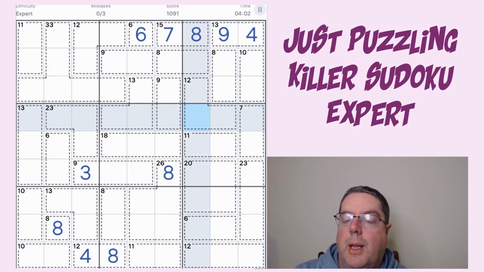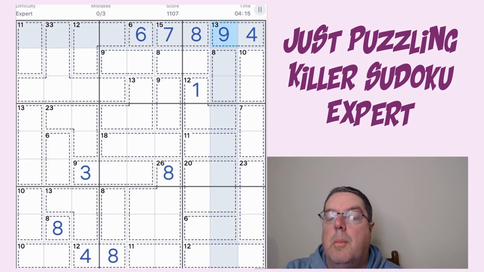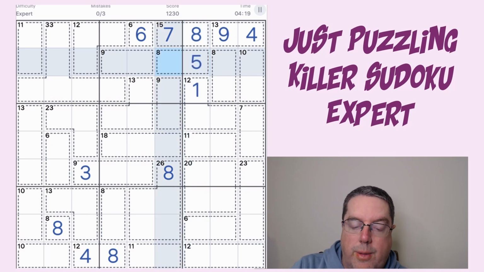So this is going to be 11, and that'll make that a 1. Alright, same deal, we've got a spare cage here now. 1 plus 8 is 9, plus 10 is 19, plus 13 is 32, plus 8 is 40, so this should be a 5 and 3.